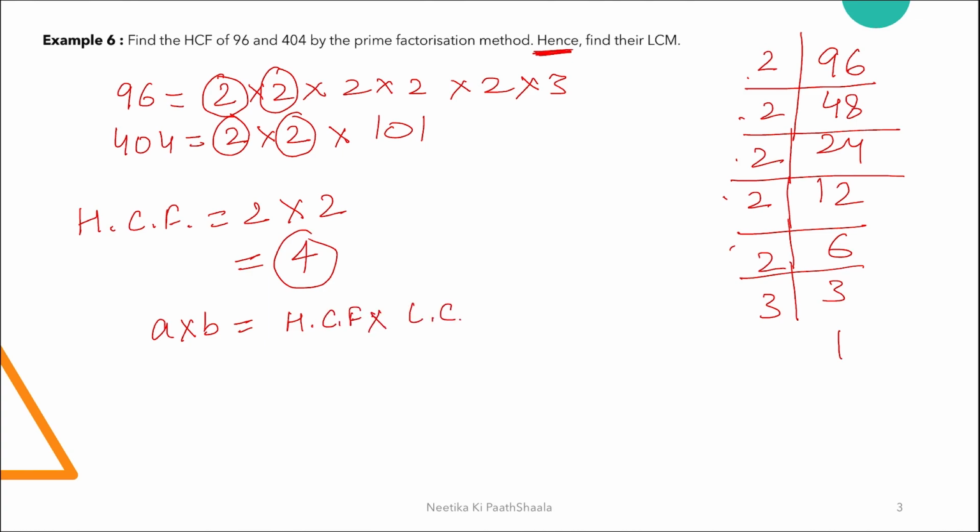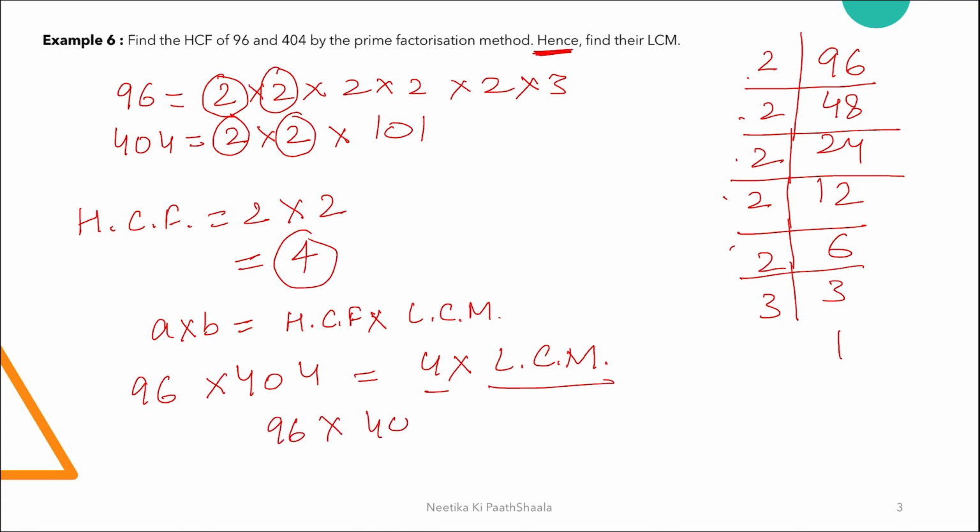Okay, so here we can write it as 96 into 404 equals 4 into LCM. अब ये 4 यहाँ मल्टीप्लाई हो रहा है LCM के साथ, so दूसरी साइड जाके it will get divided. So 96 into 404 by 4 is equal to the LCM. So if you simplify it, you will get 96 into 101. अगर आप इसे मल्टीप्लाई करके आंसर निकालेंगे, so the LCM would be 9696.